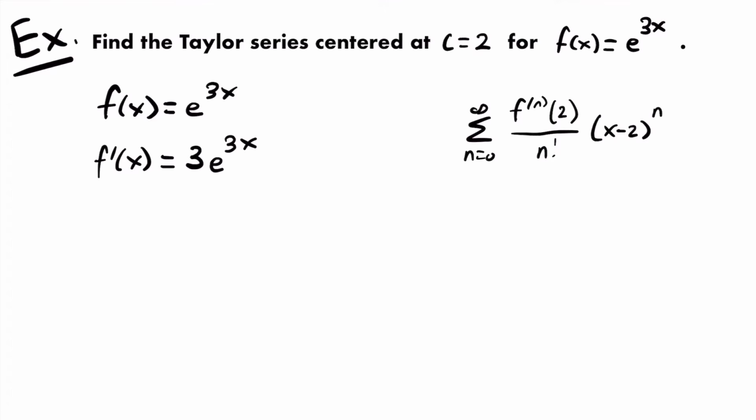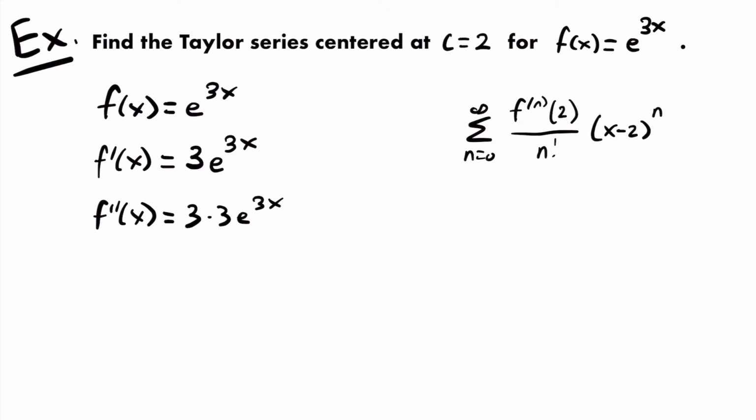Okay, and so now the second derivative, f double prime of x, will be equal to 3 times the derivative of e to the power of 3x, which once again is 3 times e to the power of 3x. Every time we take the derivative of this function, that exponential part is going to stay the same, and we're just going to keep on adding another constant multiple of 3, right?